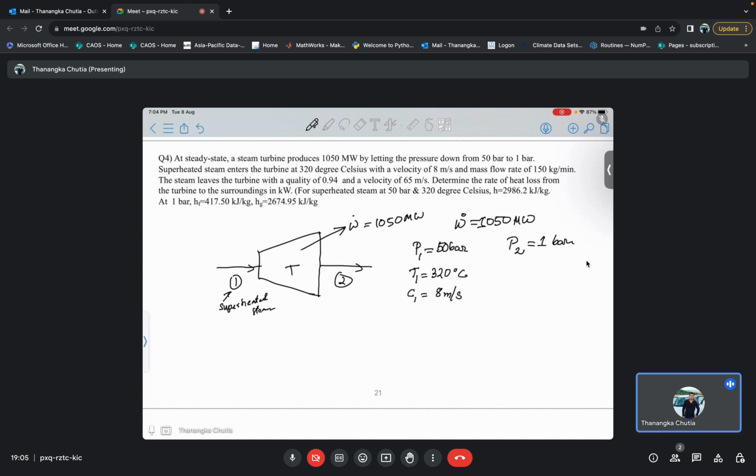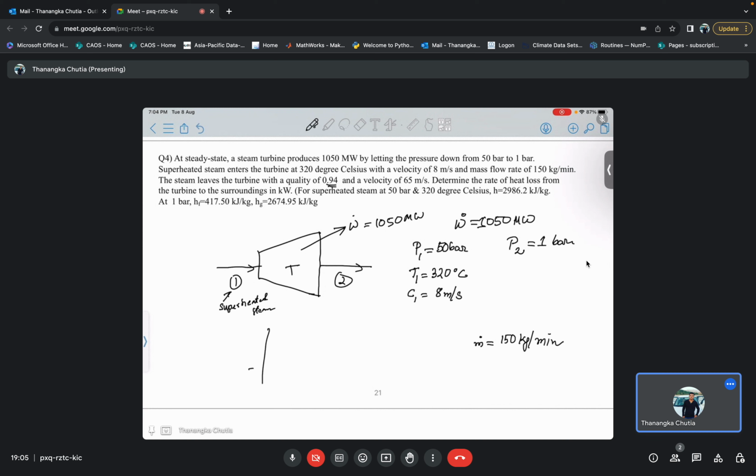And the mass flow rate, just like the previous case, that is m dot, is given to us as 150 kg per minute.